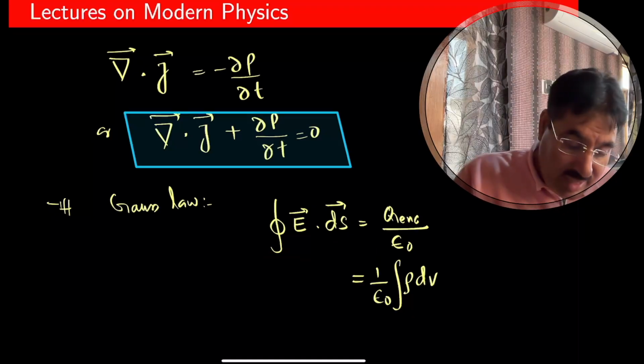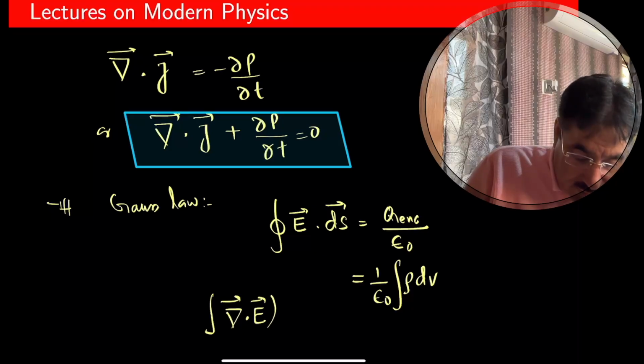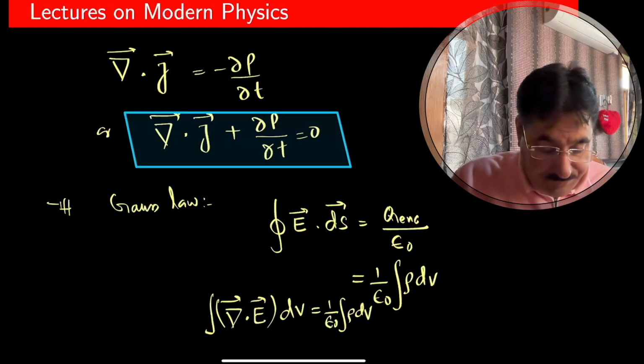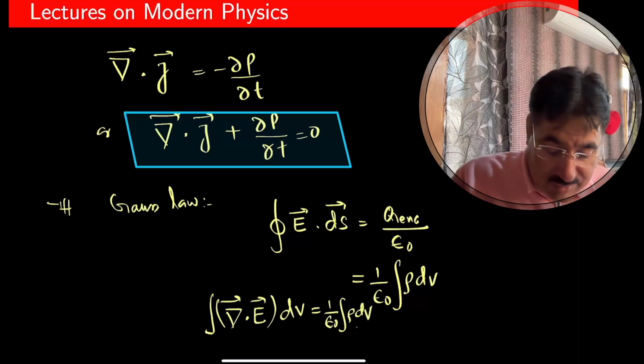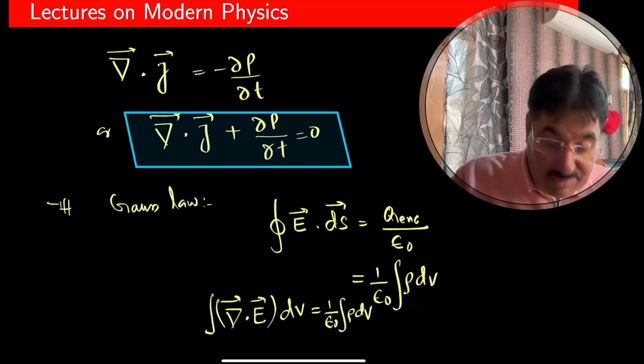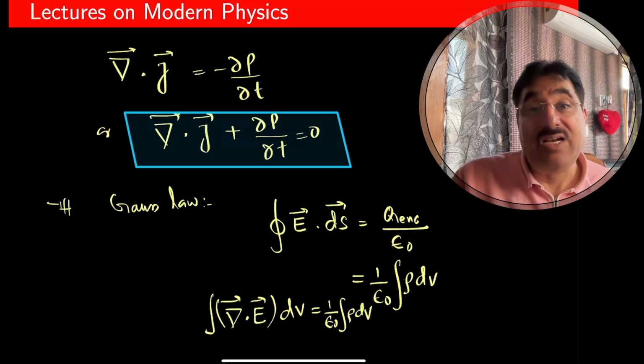If I put that in here, I get the integral of del dot E dV over the volume V equal to 1 by epsilon naught integral rho dV. Since the integral is over the same volume on both the left hand side and right hand side, it makes sense only when the integrands are equal.